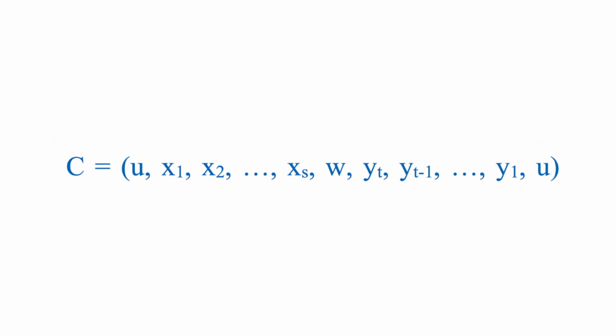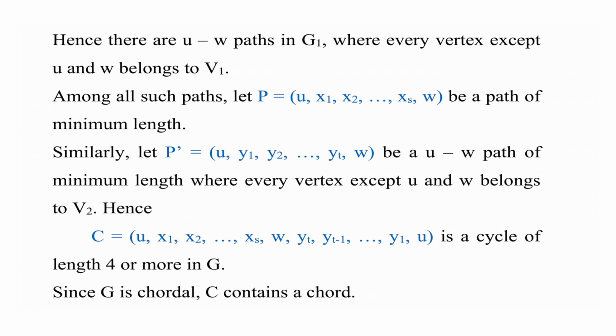Hence, the cycle C, u, x1, x2, xs, w, yt, yt minus 1, y1, u is a cycle of length 4 or more in G. Since G is chordal, C contains a chord.